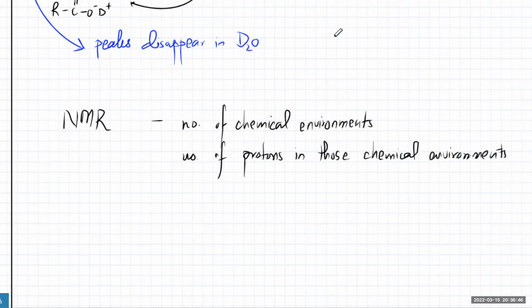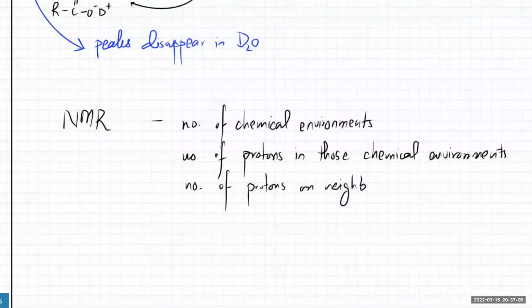Then it's going to tell you about the neighborhood: the number of protons on the neighboring carbon. That's another very vital piece of information in figuring out the structure of the molecule. This is determined by the splitting pattern.